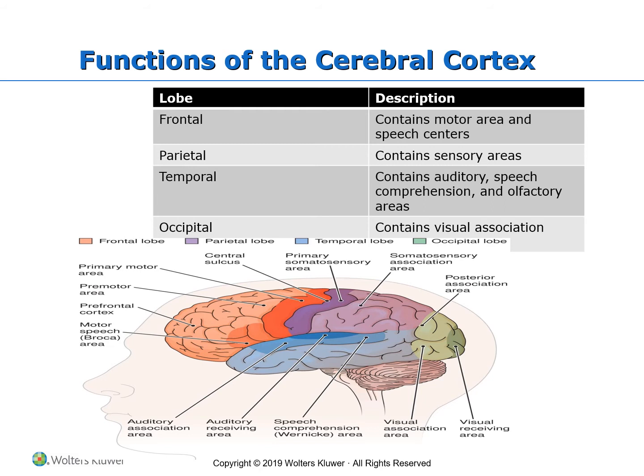This is the center that will plan the sequence of muscles that will trigger contractions of the tongue, the larynx, and the soft palate. All those centers will coordinate the movement of different types of muscles in order to form meaningful sentences.